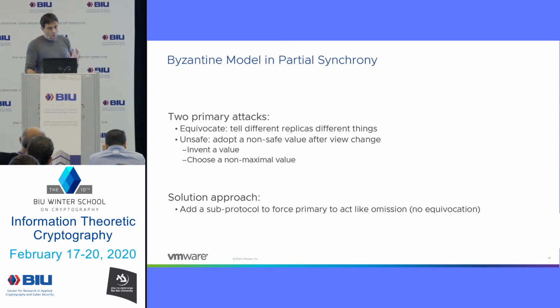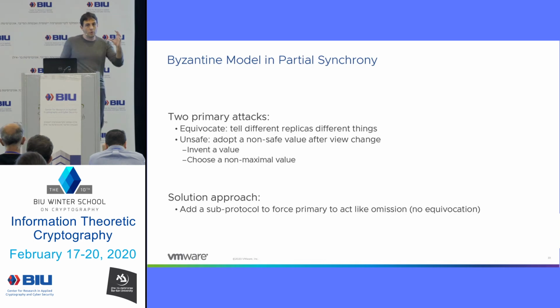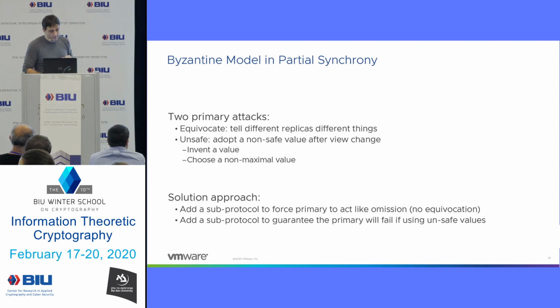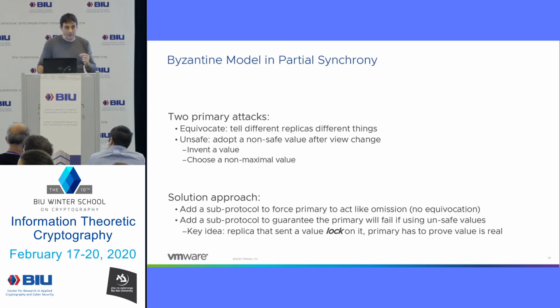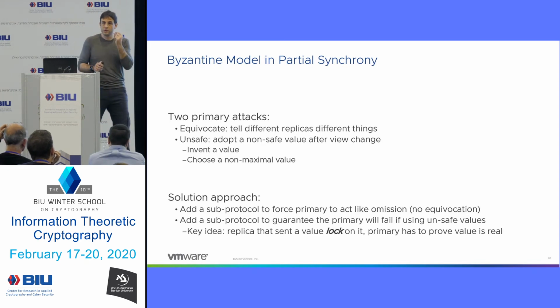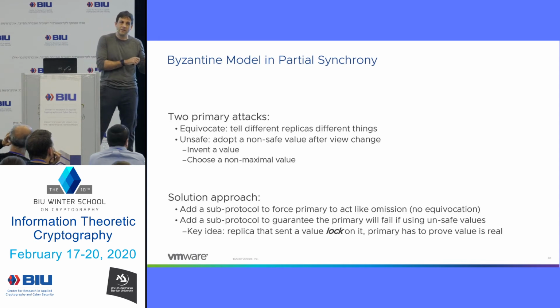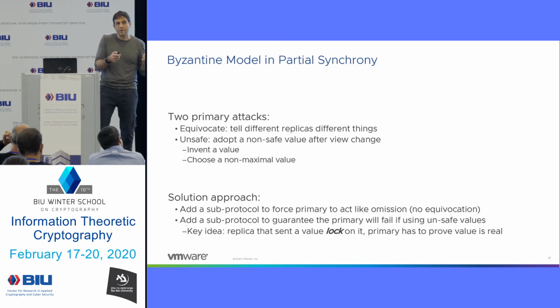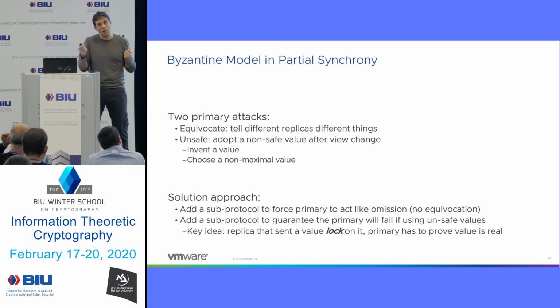And so what we're going to do is to solve the first problem, we're going to add one more phase to deal with non-equivocation. And to solve the second problem, we're going to add one more phase and this idea that instead of forcing the adversary, the new replica, to send the highest proposal, we will basically make sure that the guardians, the ones that you've seen in the safety proof, will not accept a proposal from a primary that gives you a low view.